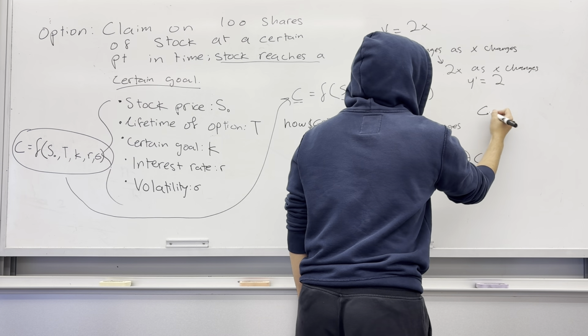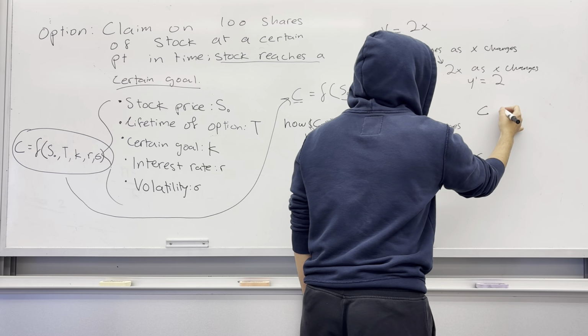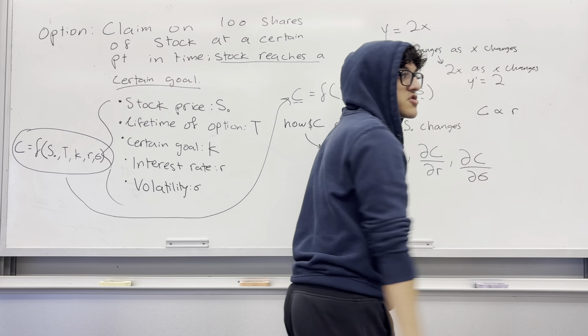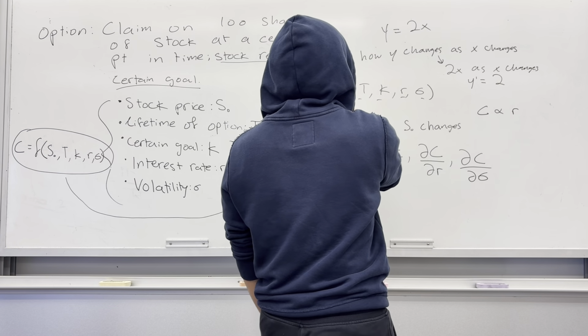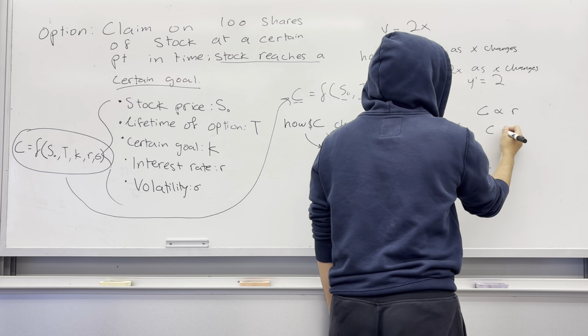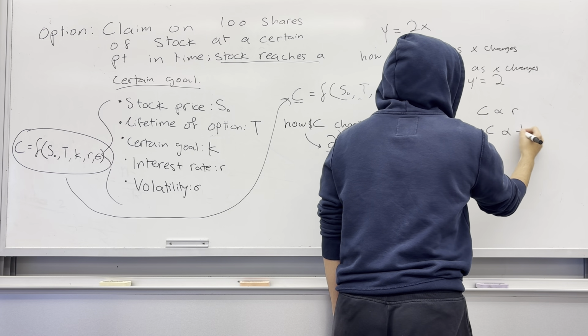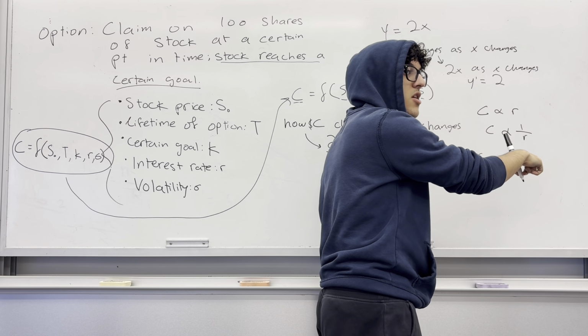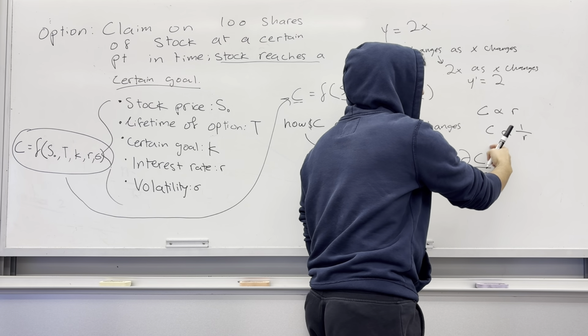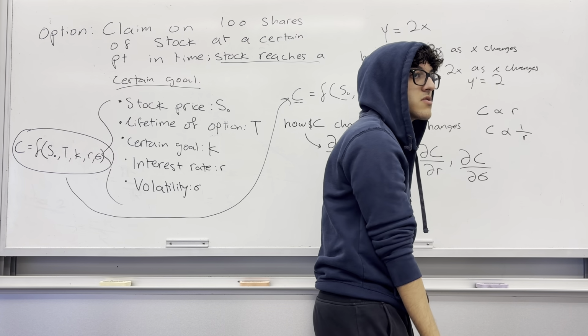A call price is proportional to the interest rate. It's proportional to all of these. If this was to go up, the call price would have to be the inverse of this. So as this goes up, the call price would go down because this is a lower value.